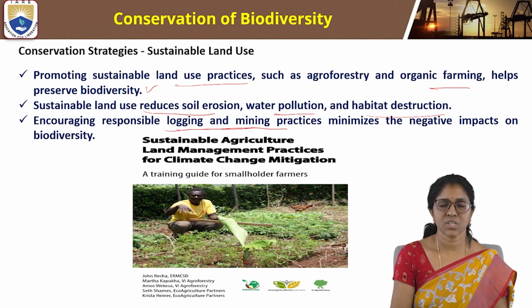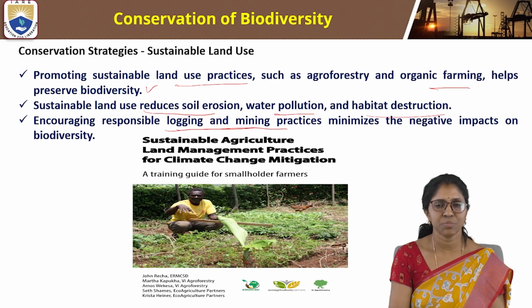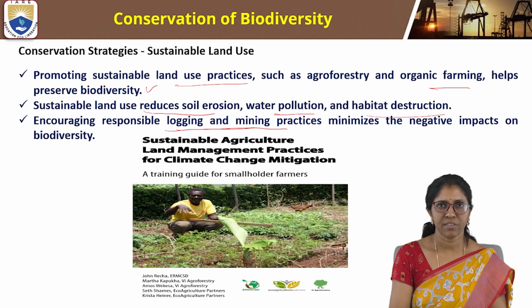So this is about sustainable land use. By using practices such as agroforestry and organic farming, we can reduce soil erosion, water pollution, and habitat destruction, and responsible logging and mining can minimize the negative impacts on biodiversity.